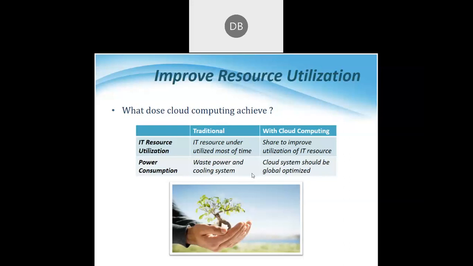It also improves resource utilization. How does cloud computing improve resource utilization? In a traditional environment, IT resources are underutilized most of the time. For example, in many of our colleges, this is the biggest example of poor resource utilization.